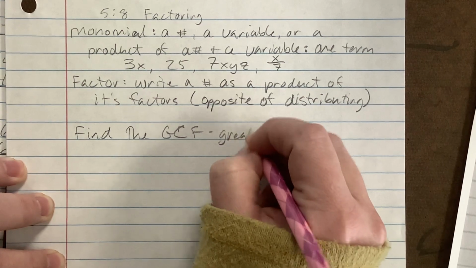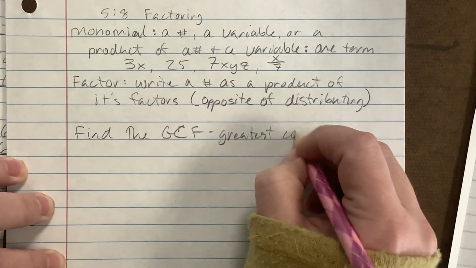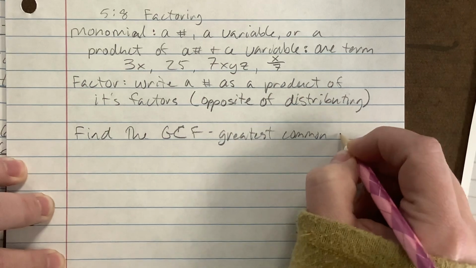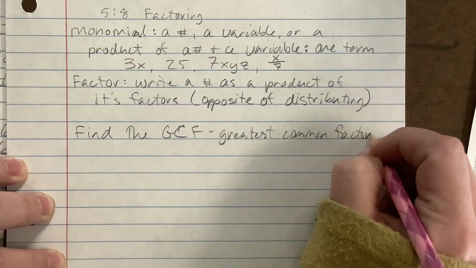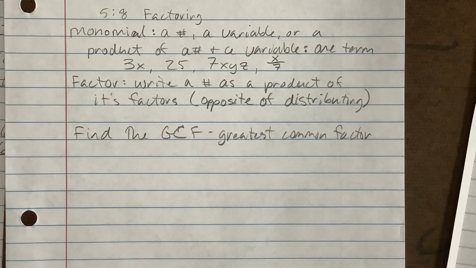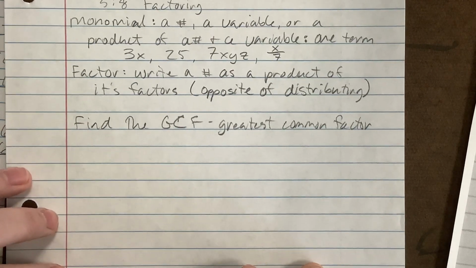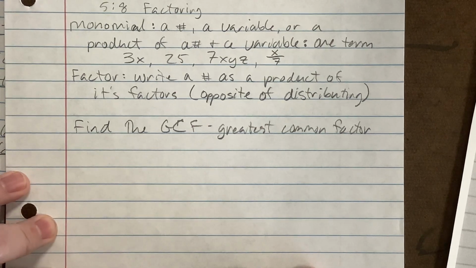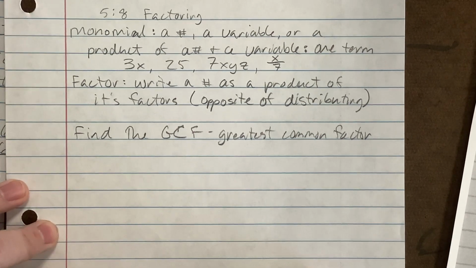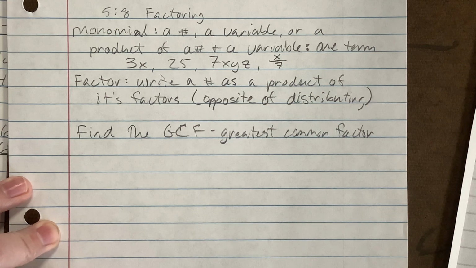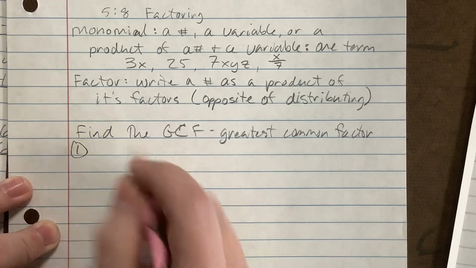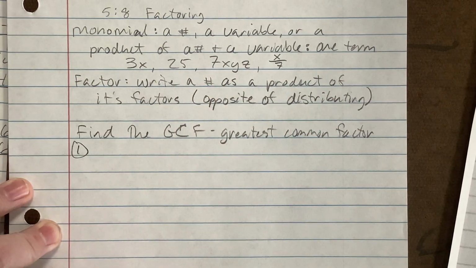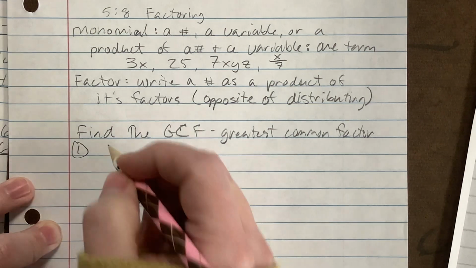So this is the biggest thing that can go into both of your terms. Now with algebra, you've done that with numbers, but we're going to throw in variables as well. So I'll show you what that looks like. We're not fully factoring yet, we're just finding the greatest common factor.